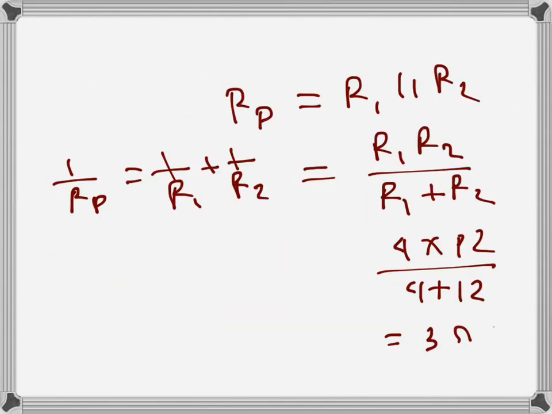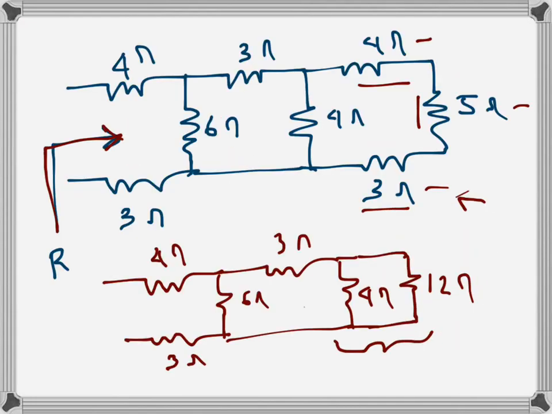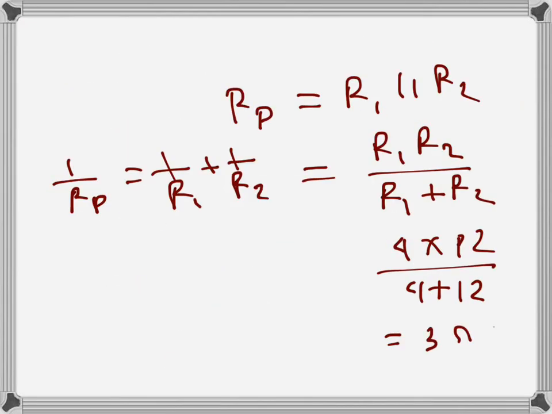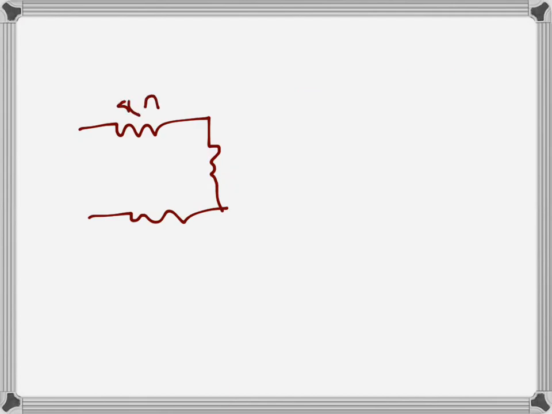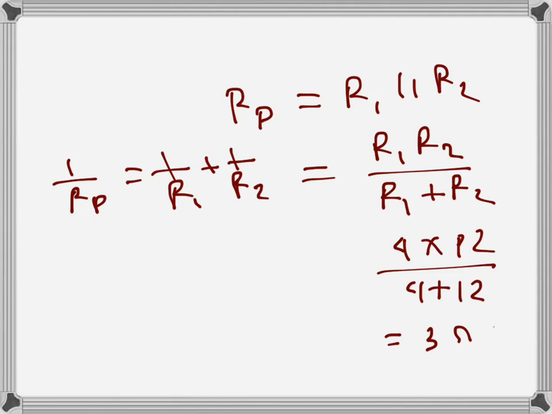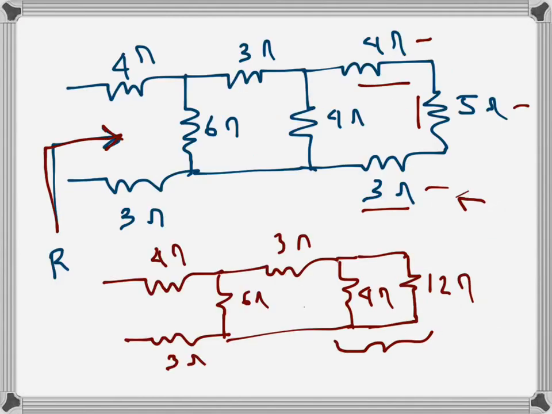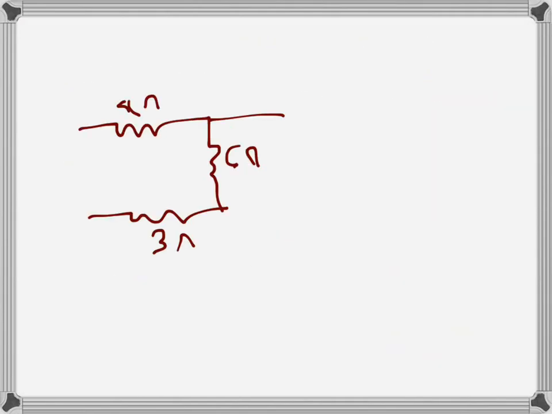So now we will again draw the remaining part as it is: 4 ohms, 5 ohms, 4 ohms, 6 ohms, 3 ohms, and then this one will be 3 ohms. The new resistance, maybe I will draw in a different color, this will be 3 ohms.